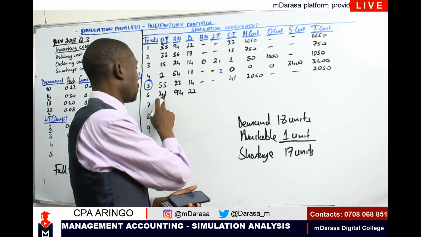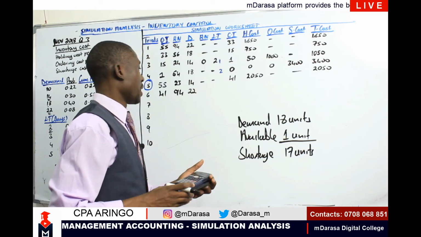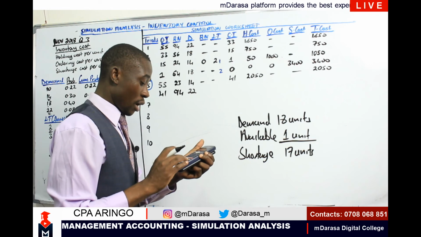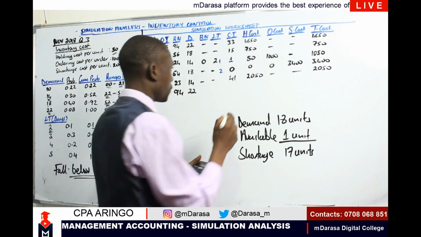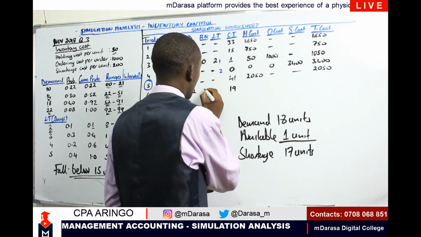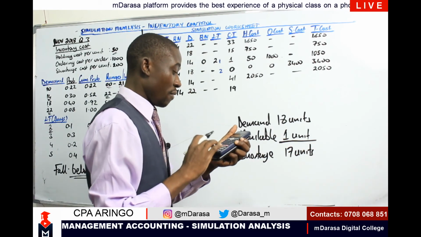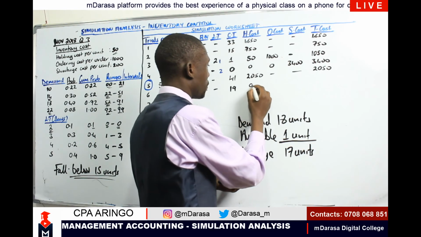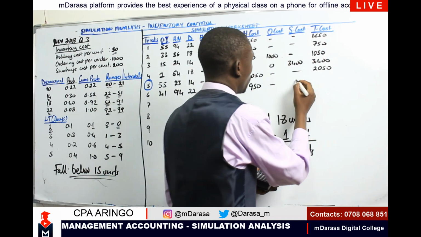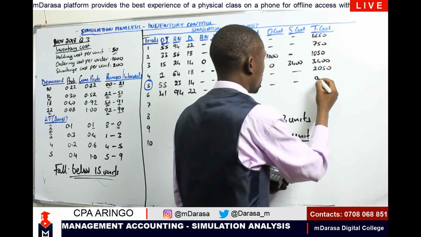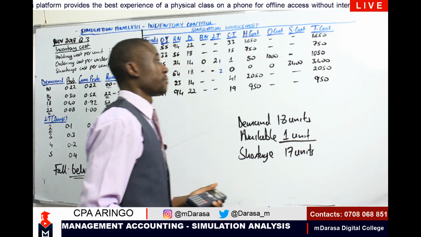And we had inventory in store, we had 41 units. So 41 minus 22, that will leave me with 19 units. So I will not fall below 15. So therefore, by 50, holding cost to give us 950, I don't have ordering, I don't have shortage. My total cost I should be having 950.